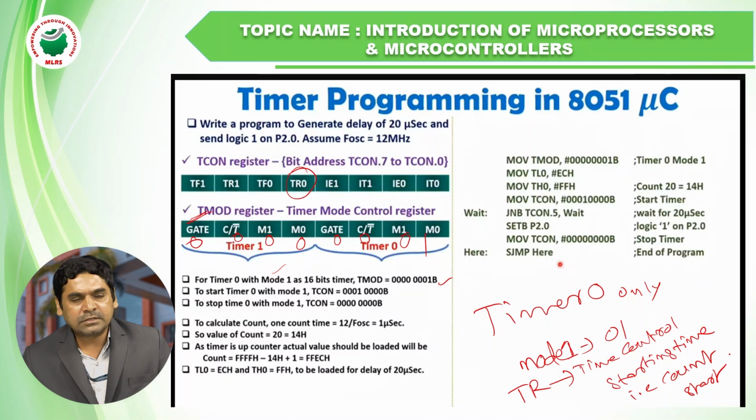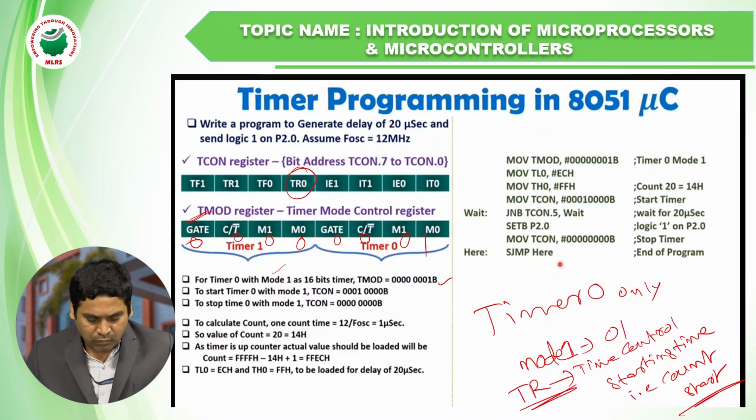When clocks are coming to the count block, the count starts. So TR0 equals 1: the fourth bit is 1 and the remaining bits are zeros, which means the timer starts. To stop the timer, it will be 0, again in the fourth bit. Here 1 starts the timer and 0 stops it.